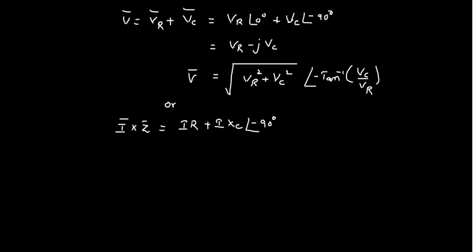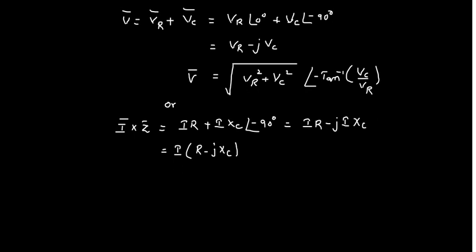So I can write it as IR minus J into I XC. If I take I as common, I get I times (R minus J XC).